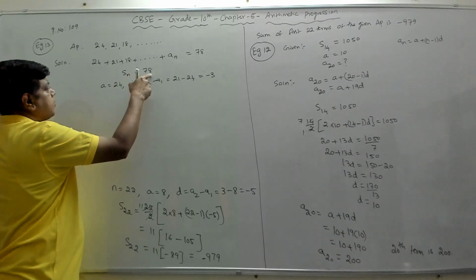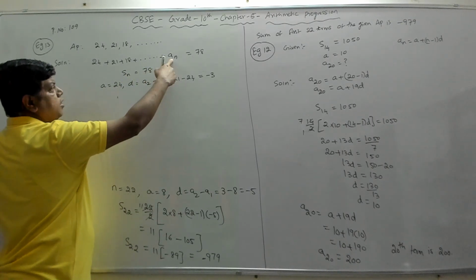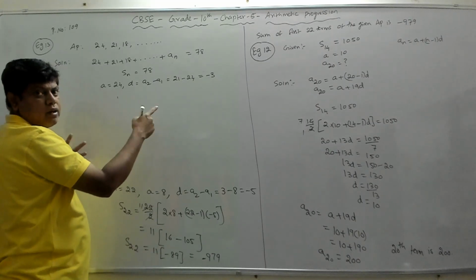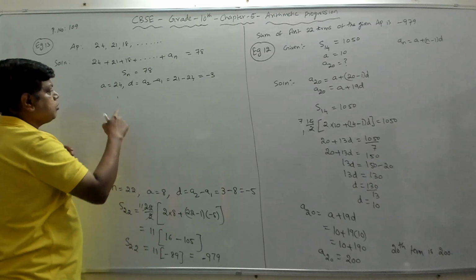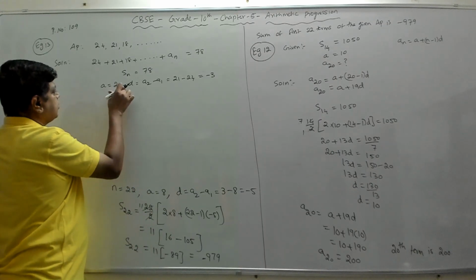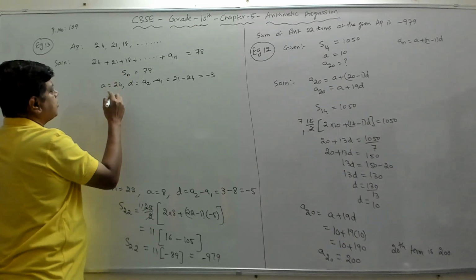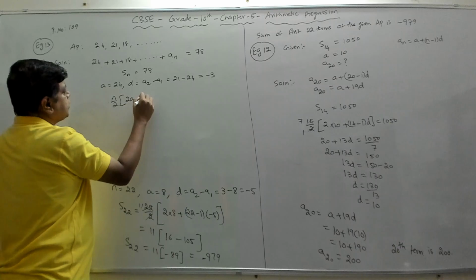So Sn is 78. What is the Sn formula? We don't know the last term an, it is just given as an, so we cannot use the other two formulas. We'll use the formula Sn is n by 2 into 2a plus n minus 1 into d.